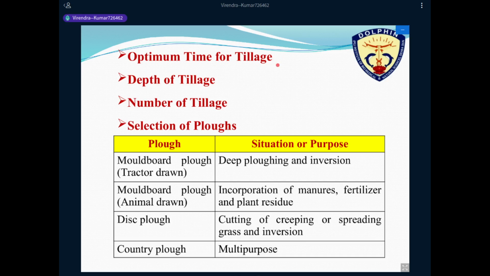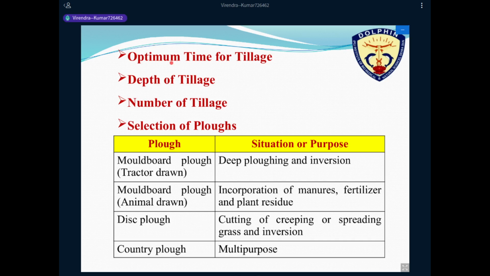So at the time of less moisture availability, we can't conduct the tillage practices.